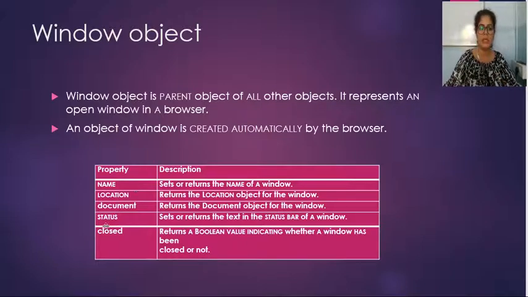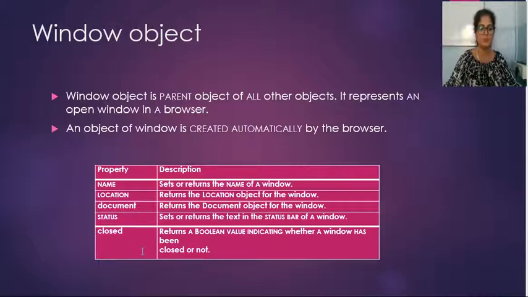So first is name, second is location. It returns the location object for the window. It tells the location of the window. Next is document. It returns the document object for the window. Next property is status. It sets or returns the text in the status bar of a window.